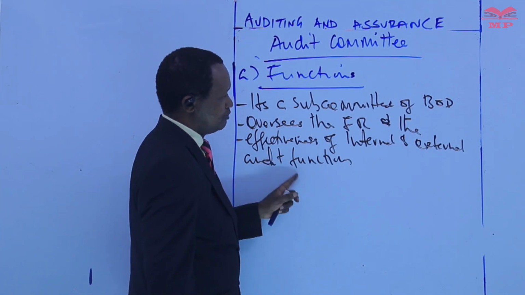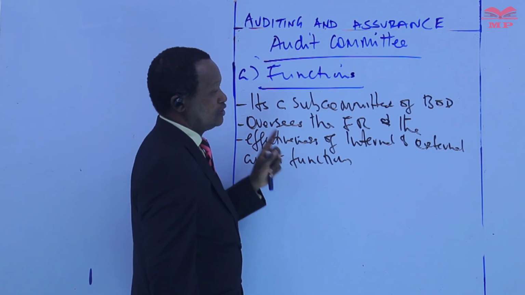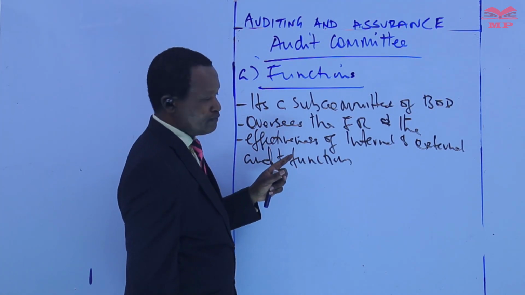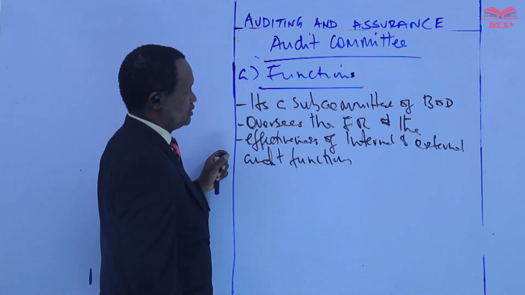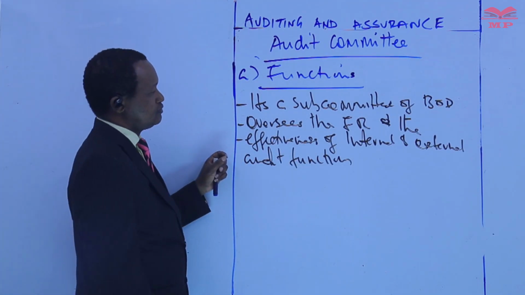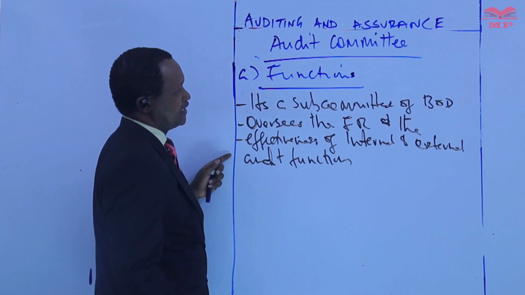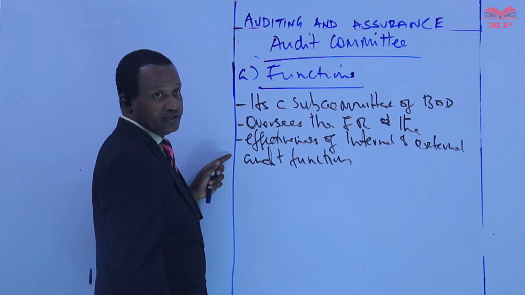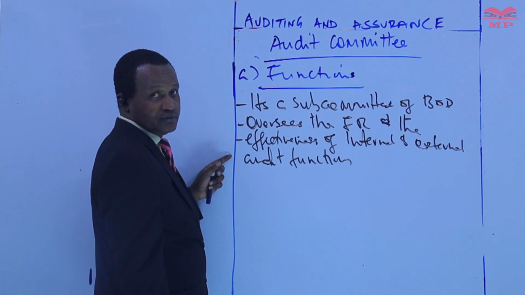The report is submitted to the audit committee for approval before the report is shared to the public. So these 3 points define the audit committee. Do you understand?